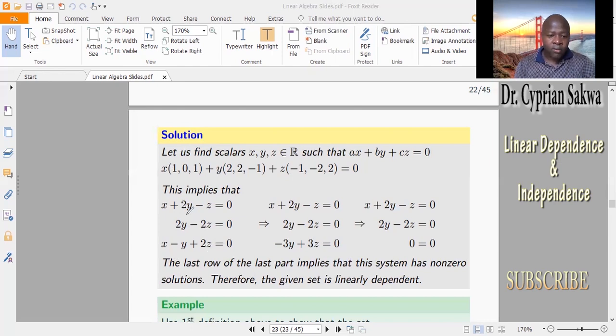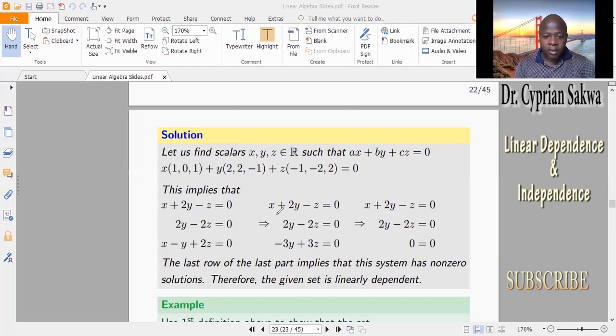So I have this system of linear equations which I try to reduce to echelon form and see what I obtain. So I need a 0 in this position. Luckily, we already have a 0 in that position. So the only thing I want now is to obtain a 0 in this position. So that will be achieved by subtracting row 1 from row 3 to give me my new row 3.